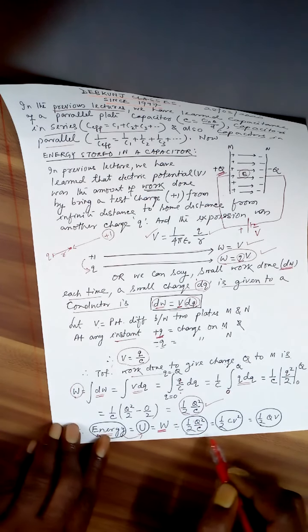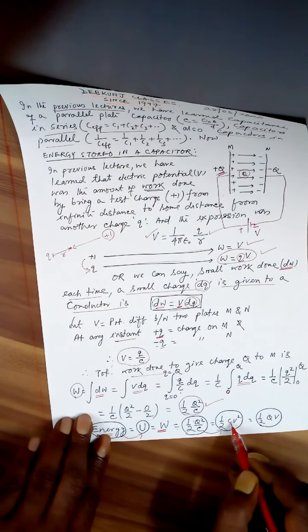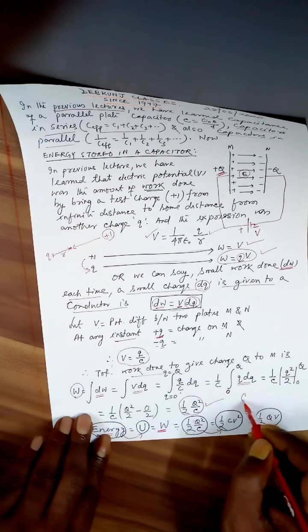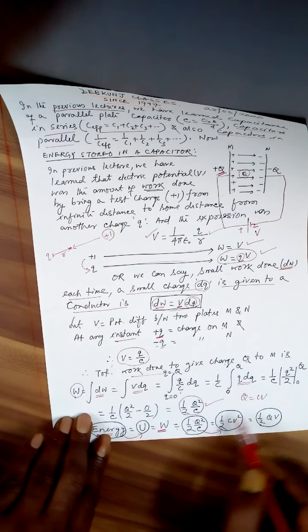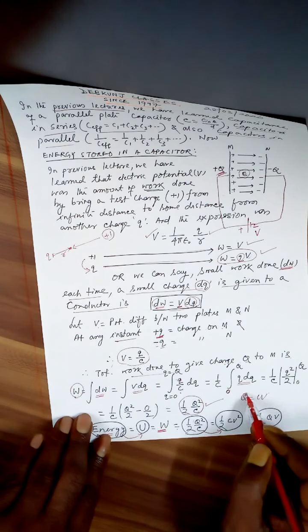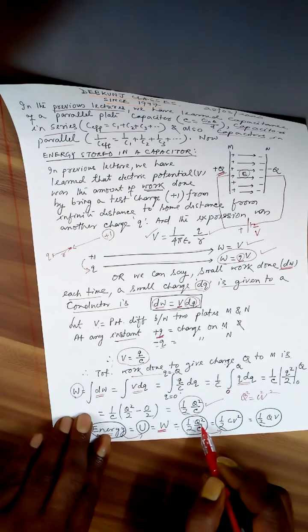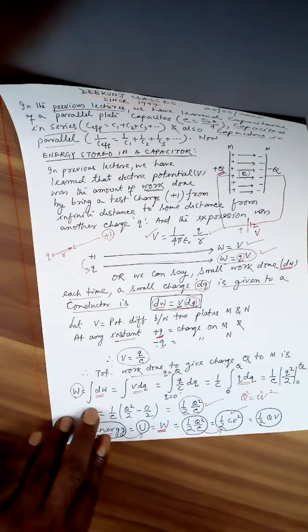Then how do I arrive from here to here? Here C is there, but Q is not there. So for Q, I put Q equal to CV. Q square is equal to C square V square, which I put in the numerator. So one C cancels and I am left with half CV square.